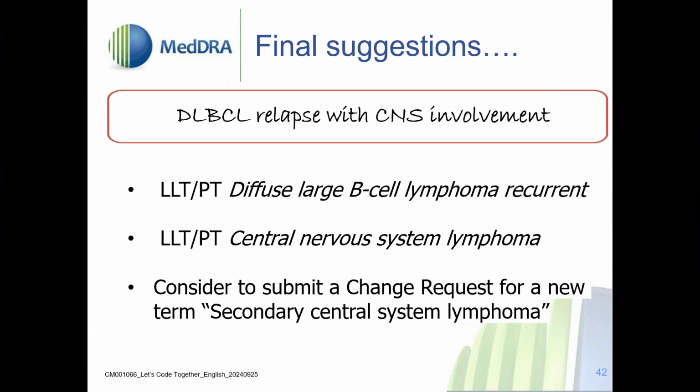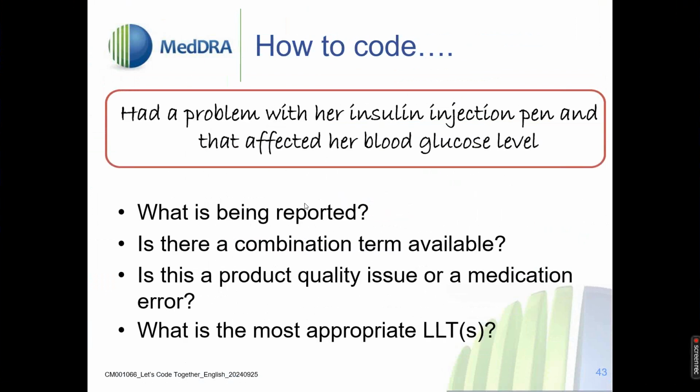Worst case scenario is always the approach that you would take in pharmacovigilance, and in clinical studies you may have additional information to really classify this correctly. But if you have this information in pharmacovigilance, you would rather go worst case.